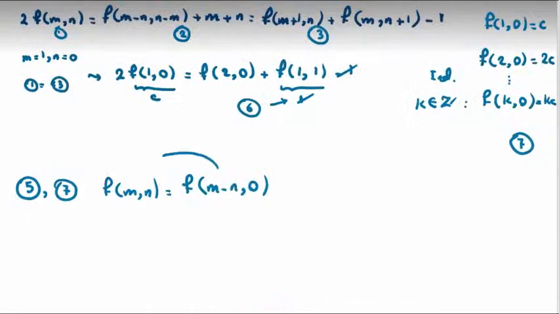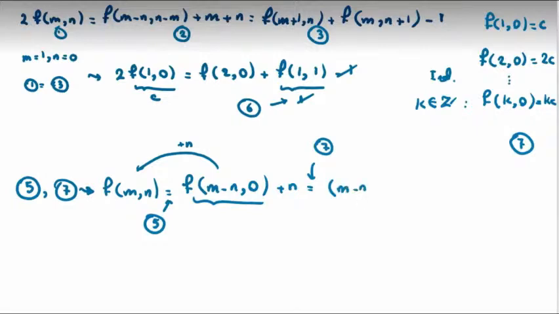If we want to reach from this to this, it was plus n, so k here is n. For f(m−n, 0), you apply 7, and for the other part you apply 5. By 7, it will be (m−n) times c plus n. Okay. So we found that f(mn) is (m−n)c plus n.